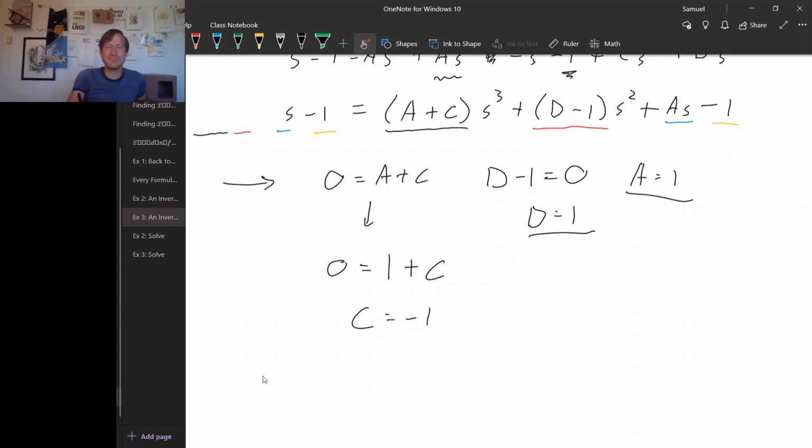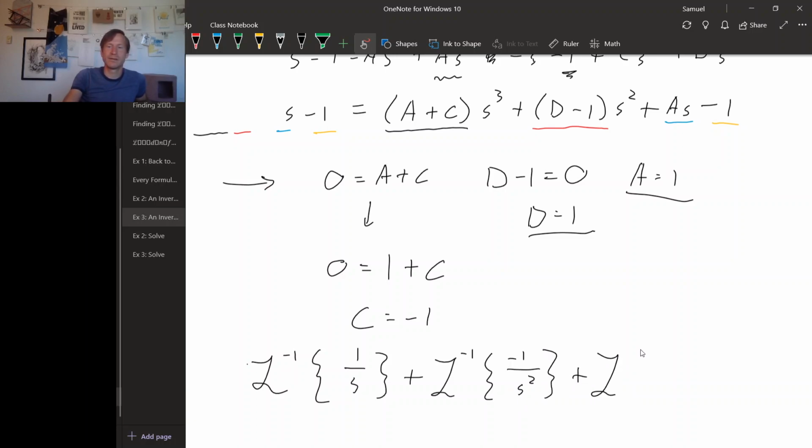So we need to take the inverse transform of, remember it was a over s, so 1 over s, plus b, which is minus 1, over s squared, plus cs plus d, so minus s plus 1 over s squared plus 1.